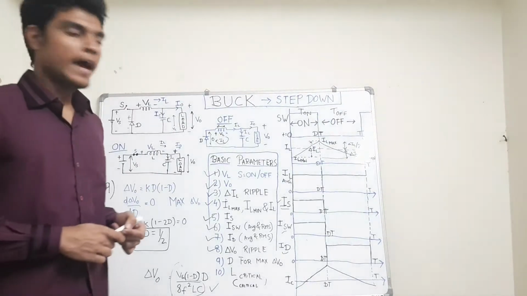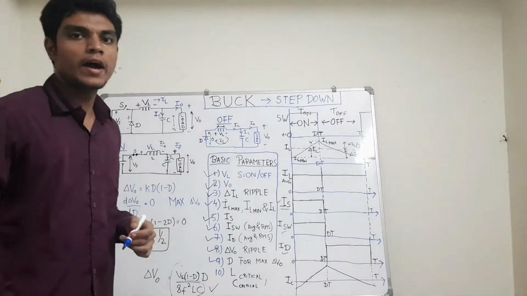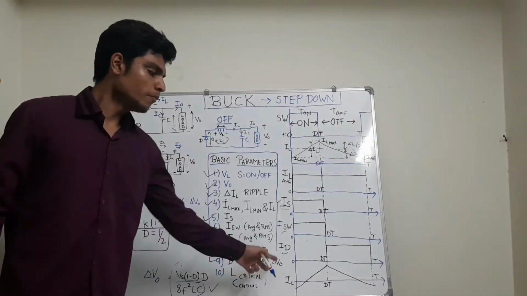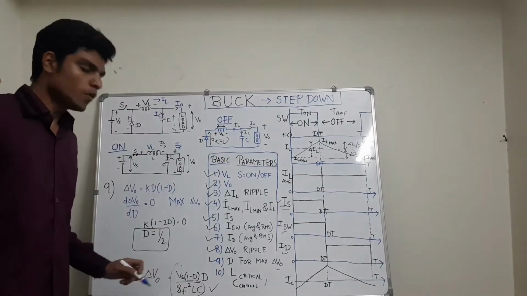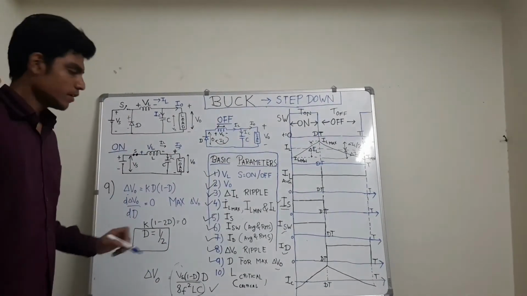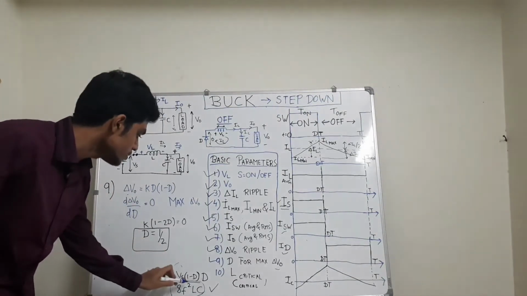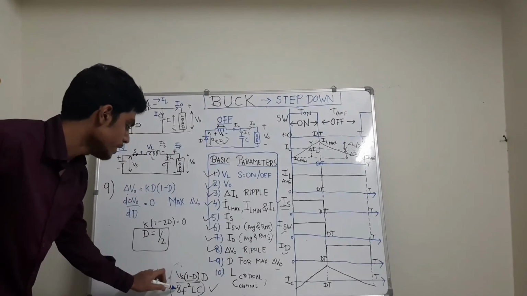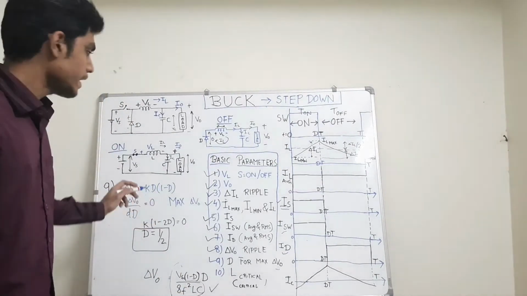Now the 9th parameter is the duty cycle required for maximum ripple in the output voltage. So the output voltage ripple derived earlier can be written as del V naught equals k into d into 1 minus d, because the whole term Vs upon 8F square LC is constant, which I have denoted by k.